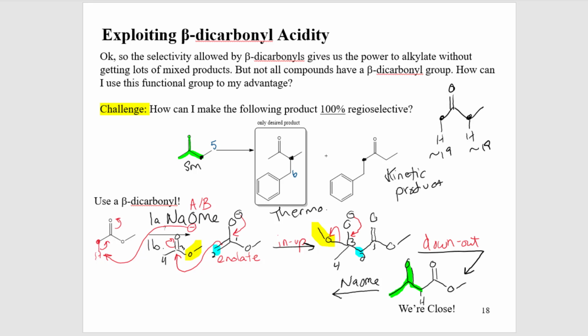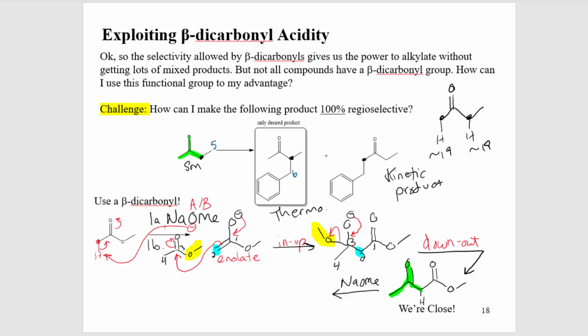Trying to get the thermodynamic versus kinetic enolate was all based on steric hindrance and stability of the enolate. It had nothing to do with trying to use a base that was only going to go after one versus the other. The bases we chose had everything to do about steric hindrance and equilibrium, not about their ability to deprotonate one versus another. The bases we've chosen for these types of kinetic versus thermodynamic systems, they are strong enough to deprotonate either one because the pKa for either one is about the same.